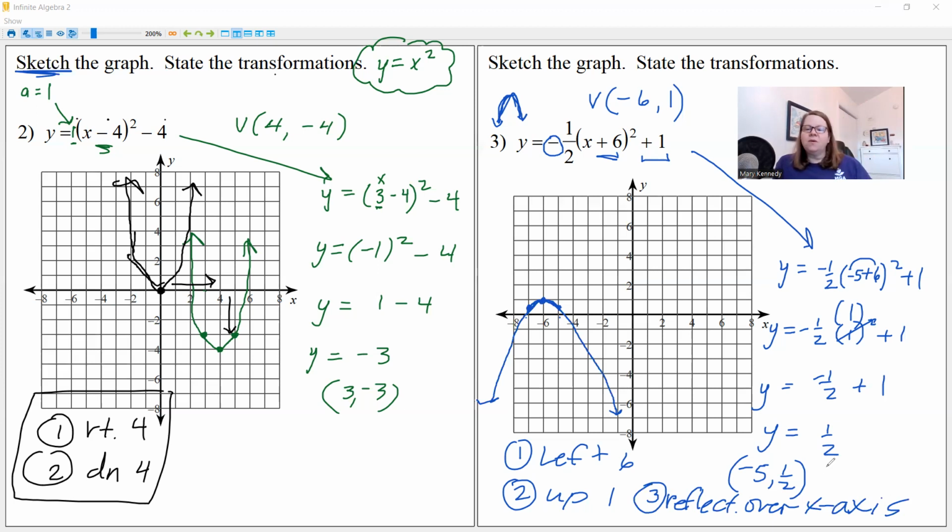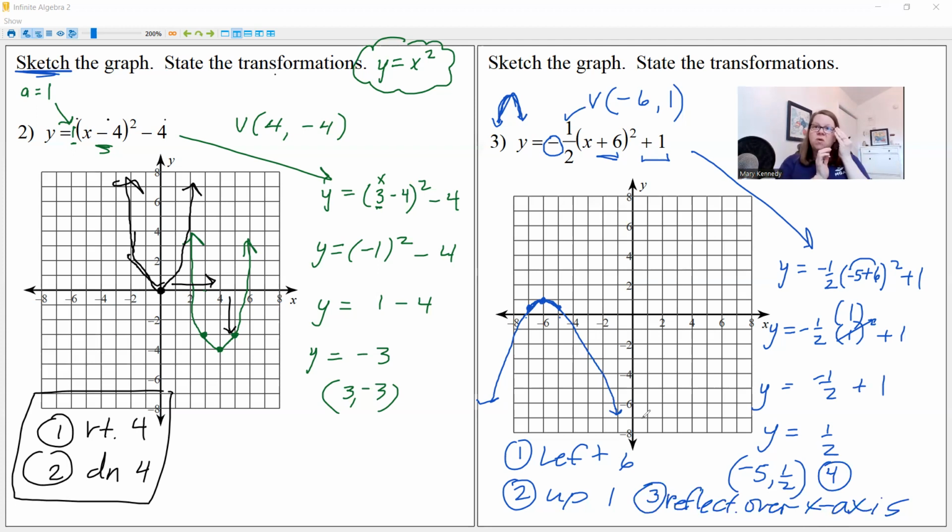And then the fourth one, I'm out of room, but the fourth transformation has to do with that 1/2. 1/2 is less than 1, obviously. It's a fraction less than 1. And so when that happens, you have this wider graph. It is sort of shrinking down to the x-axis, like it's opening wider.